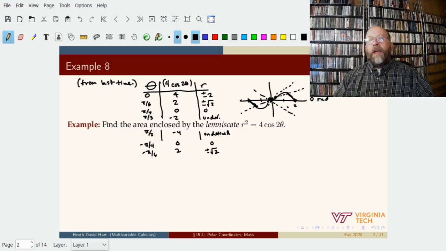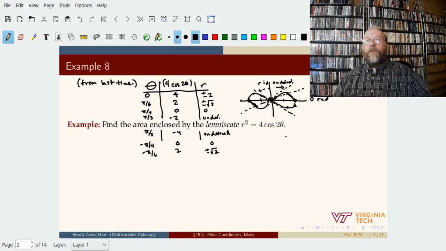And so we get a point here and a point here, and we can connect those 2 points and then come back to our 2. And so right in this region, r is undefined between these angles here. Okay? And so I only have defined angles between 0 and pi over 4, and between negative pi over 4 and 0.